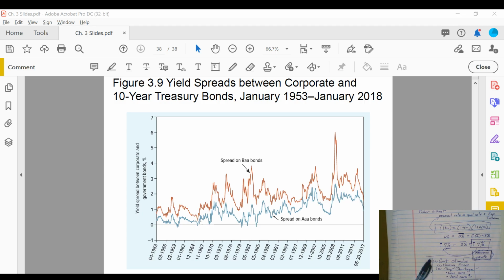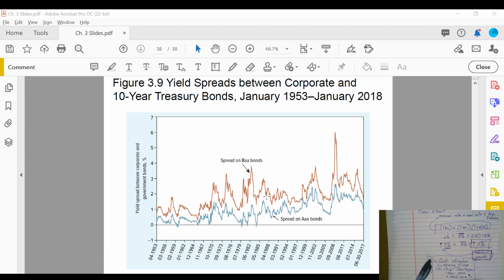Anytime there's a recession, you see it widen. And so I know where recessions are just by looking at the spread between the two. There must have been a recession here and a recession here. That's when inflation was high, and then it happened again in 80, and then again in 82. That was the second recession.